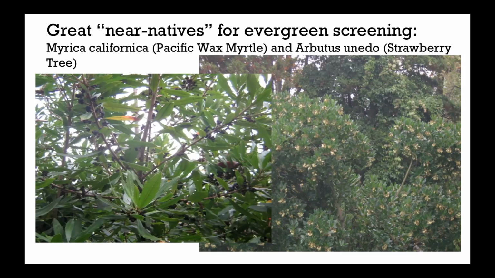The Arbutus unedo, or strawberry tree, named for its large strawberry-like fruits, is also not a native. It's actually a Mediterranean plant, but it's very closely related to our native madrona tree, which has really had a lot of problems surviving in our urban areas.